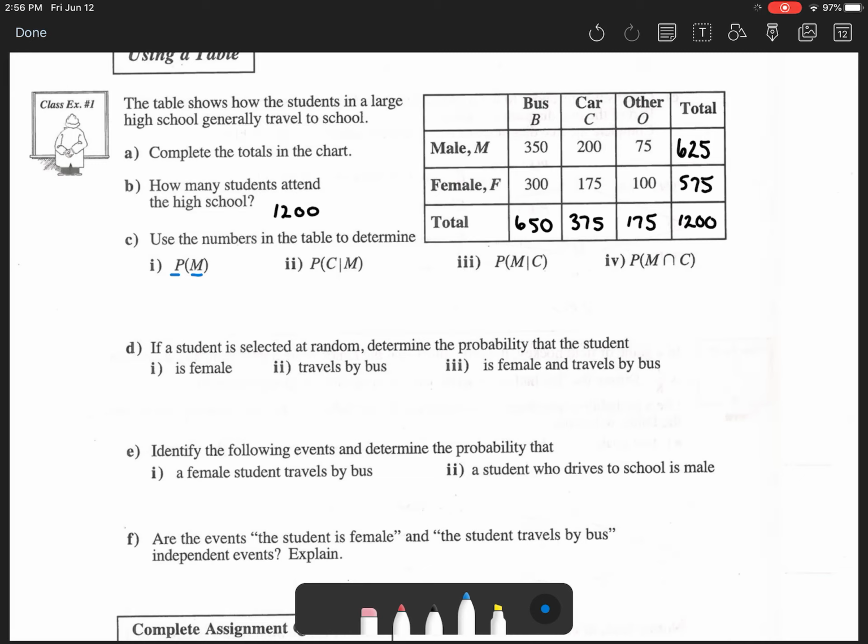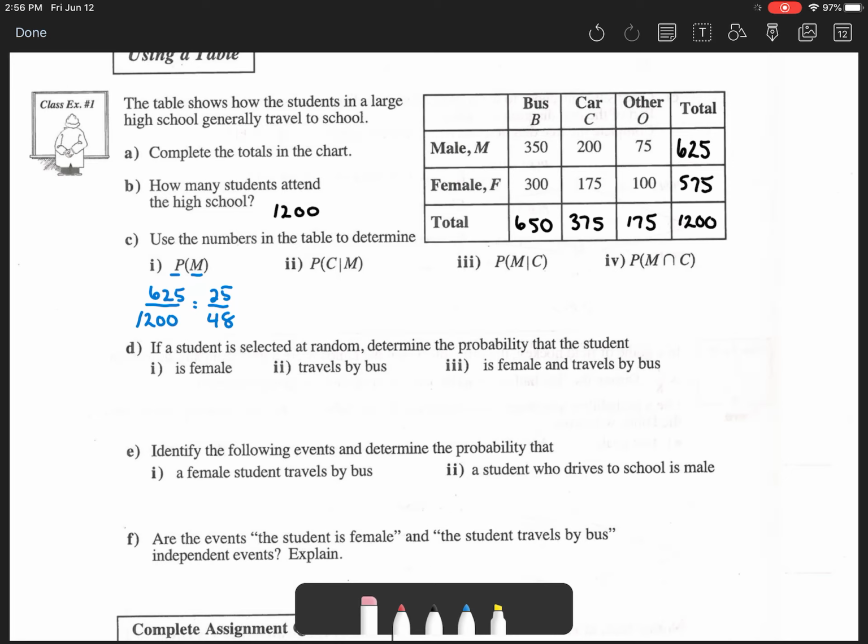The total for males is 625 out of a total of 1,200. Reduce that, and we get 25 over 48. So that's the probability of male.